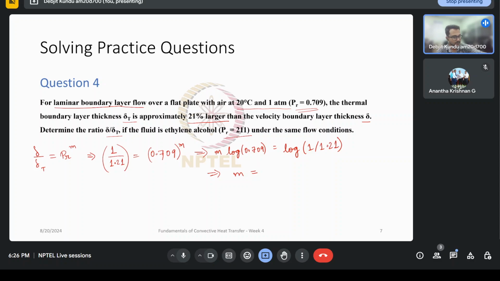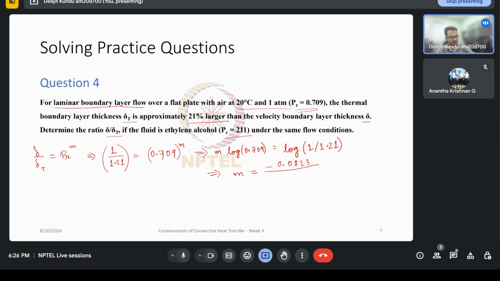So just quickly calculate. If you can help me with the numbers, that would be great. So let's find out this first thing. The log of 1 over 1.21, I'm getting a negative number, minus 0.0823 over here.